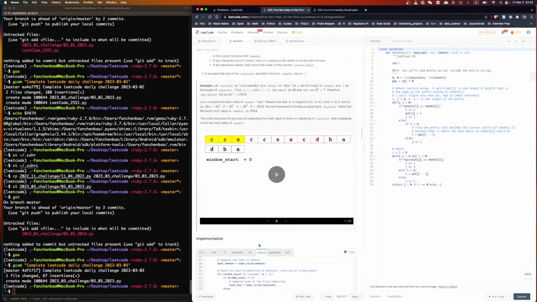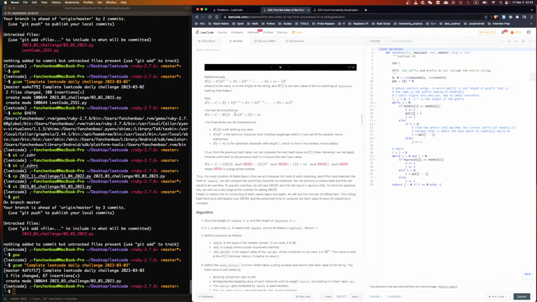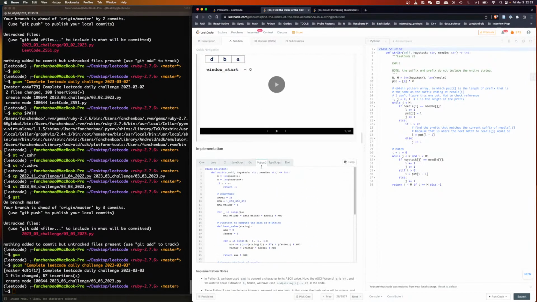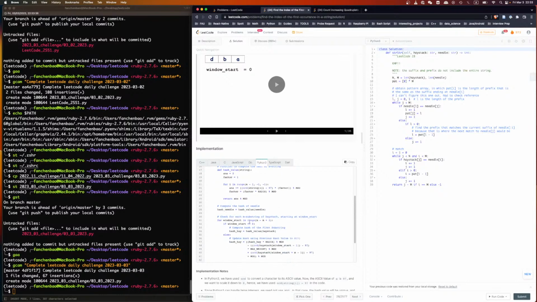Oh, weight is the maximum because every time we do, we have the maximum weight, because we have to multiply by this, right? So we can pre-compute it. Good. So we have a string, compute a hash of an M string. That's initial, right? And hash of a needle, we get a hash.